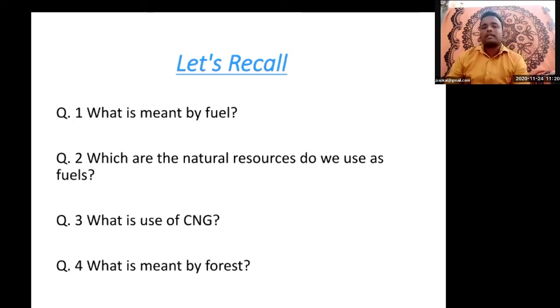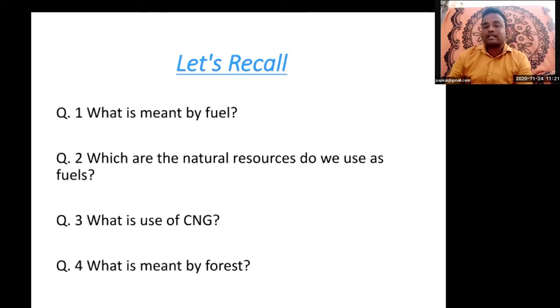Next, which natural resources do we use as fuels? Yesterday we learned about natural resources. The things we are using are coal, oil, natural gas, uranium, and wind.